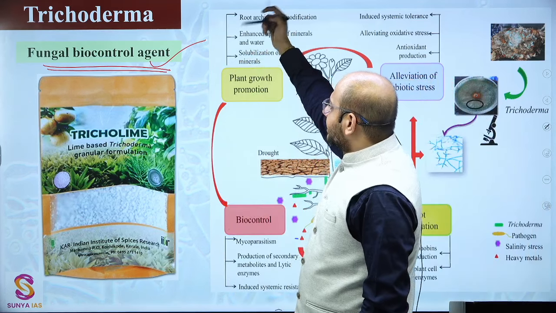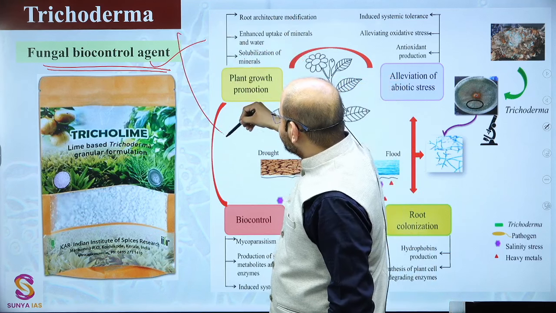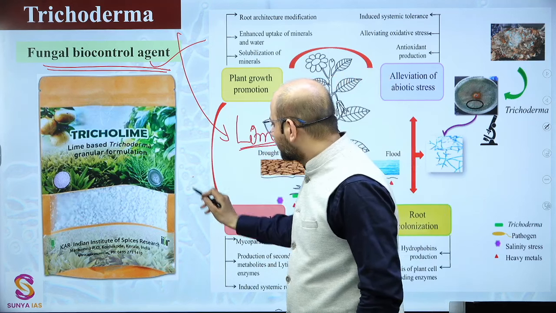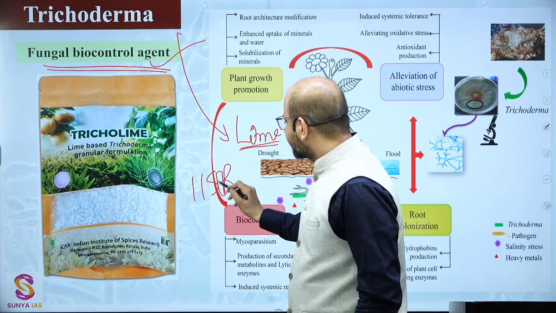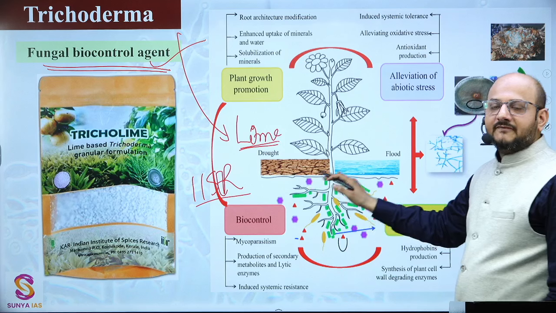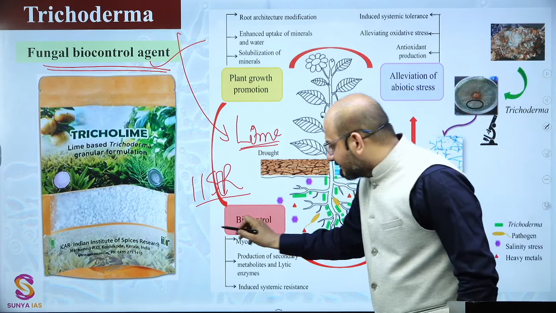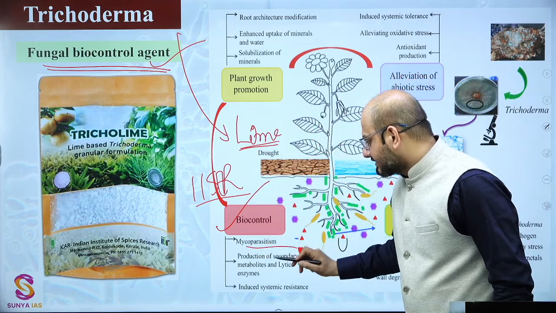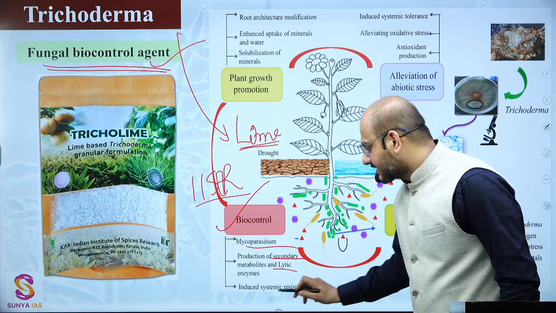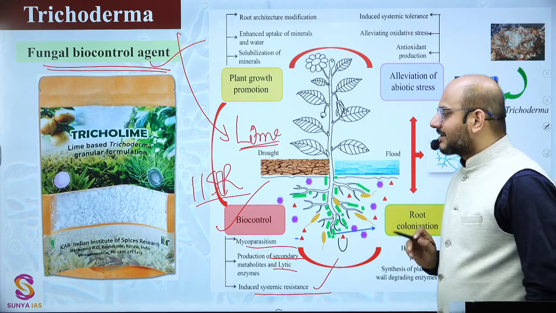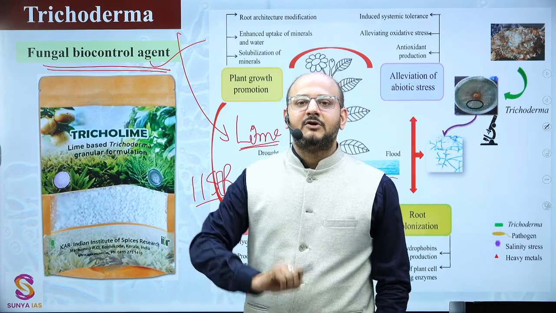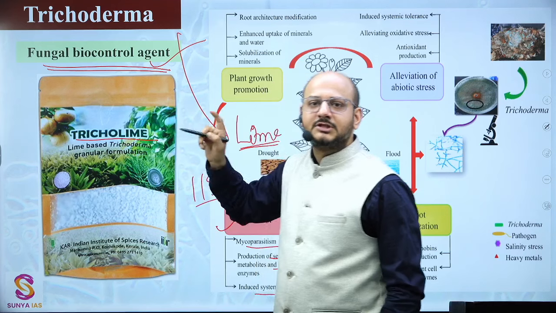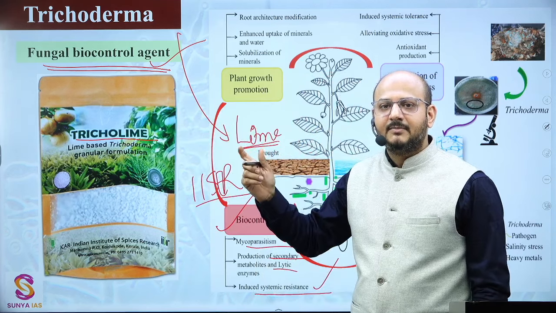Now, students understand this Trichoderma is basically mixed with lime. लाइम के साथ mix करा है हमारे इंस्टीट्यूट IISR ने, and it has been given to the farmers so that it not only acts as biocontrol against fungal diseases, through mycoparasitism, production of secondary metabolites and lytic enzymes, and induced systemic resistance, but also the requirement of lime could be fulfilled. Therefore, it is called Tricolime. So both terms can come in the examination, Trichoderma or Tricolime.